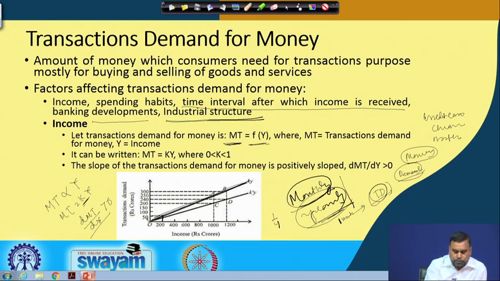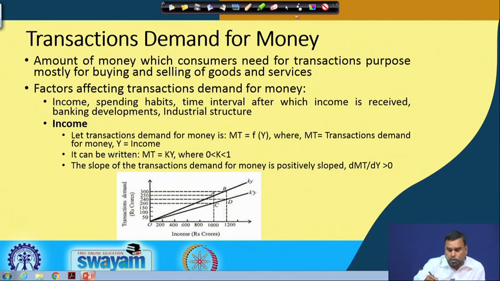If income is 400, then the demand is 100, and again K is equal to 1 by 4. So, the slope remains constant, but it is positive. What we are trying to conclude here is that the transactions demand for money is positively related to income, and the relationship between the transactions demand for money and the total income of the individual is always positive.